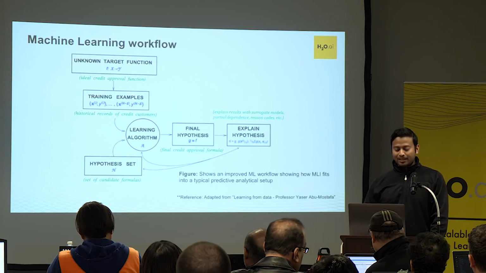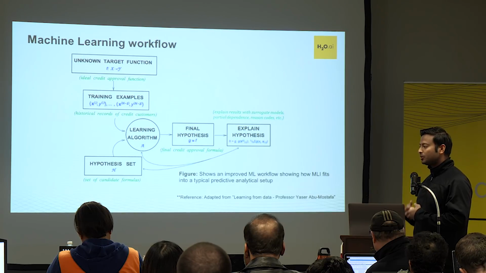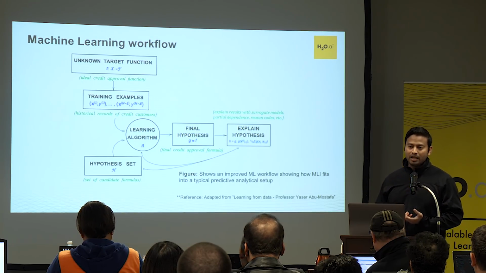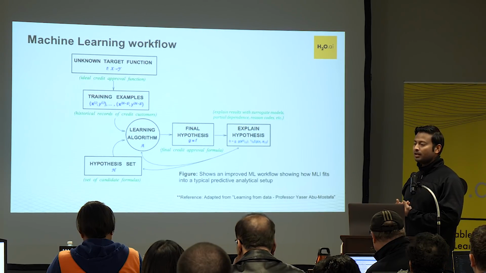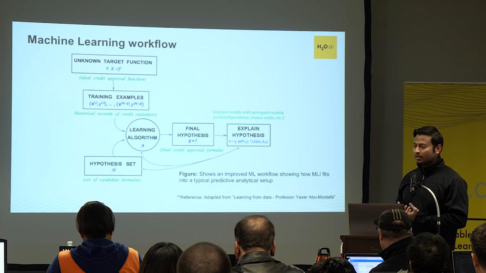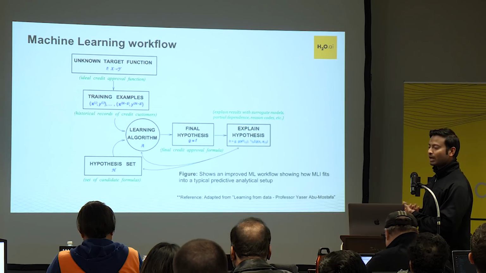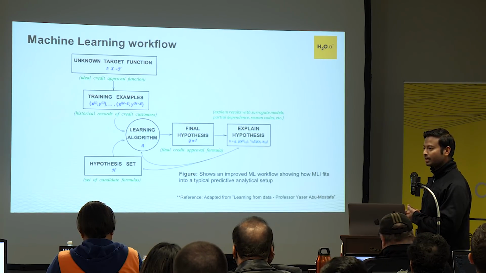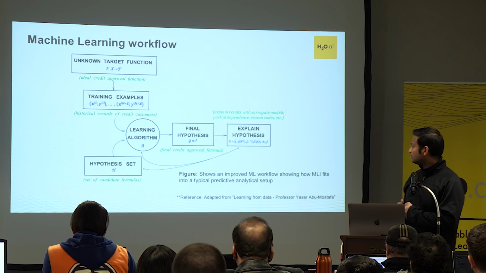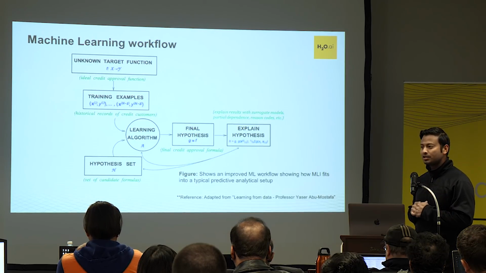All right. So in order to make sure that we all are on the same page and on this journey together, let's quickly recap what we mean by the ML workflow. What are the components that make an ML workflow? Typically when we get any data set, the first thing is that there's a target function, we don't have any idea what that is, and we are trying to identify it so that we can train on examples and apply an algorithm based on some hypothesis that we have thought of.